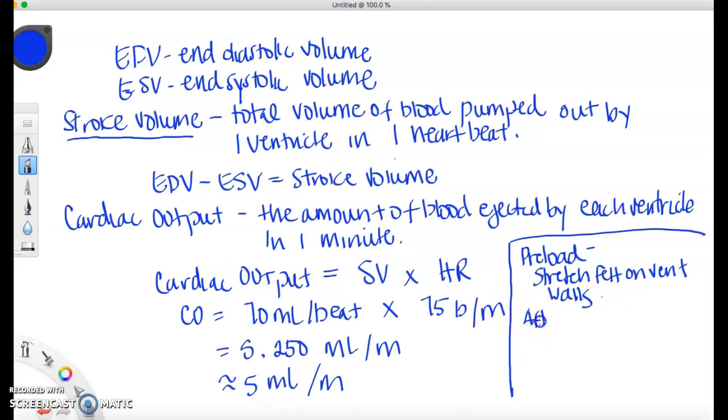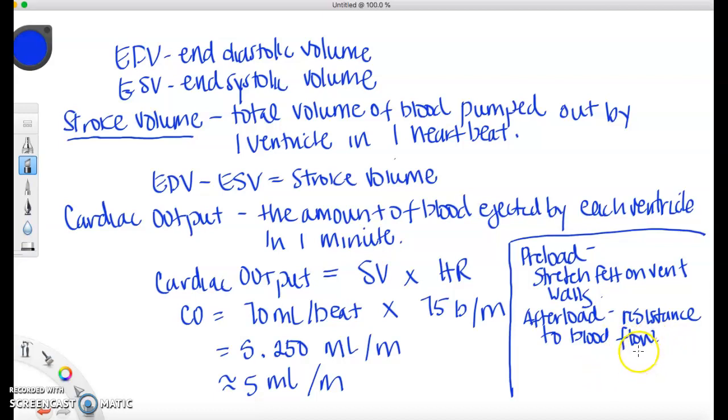Afterload has more to do with resistance. Resistance to blood flow. And resistance to blood flow can have to do with the normal resistance, which is just the resistance of pushing the semilunar valves open. That is a normal resistance.